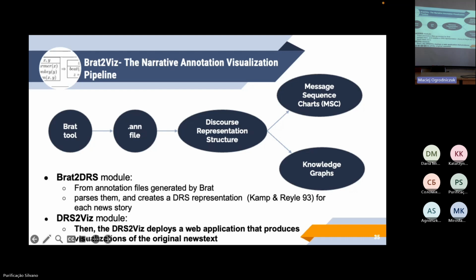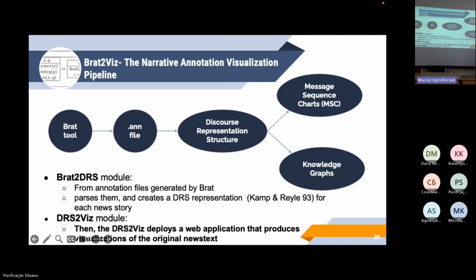I don't know if you know this theoretical proposal, but it is a semantic proposal where they stipulate a representation of the semantic information using first order logic in what we call discourse representation structure, DRS.